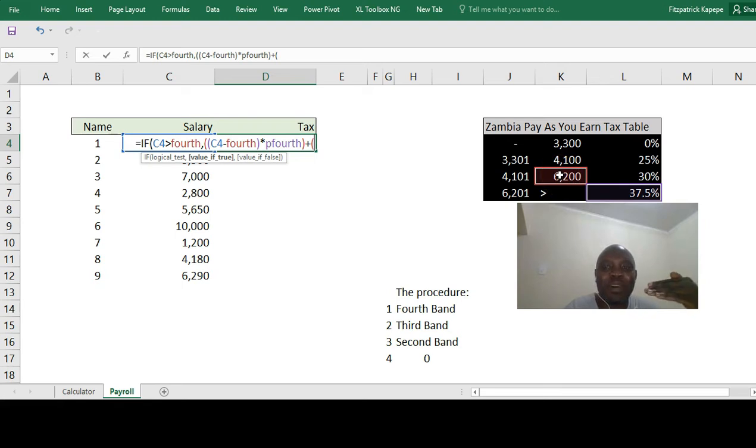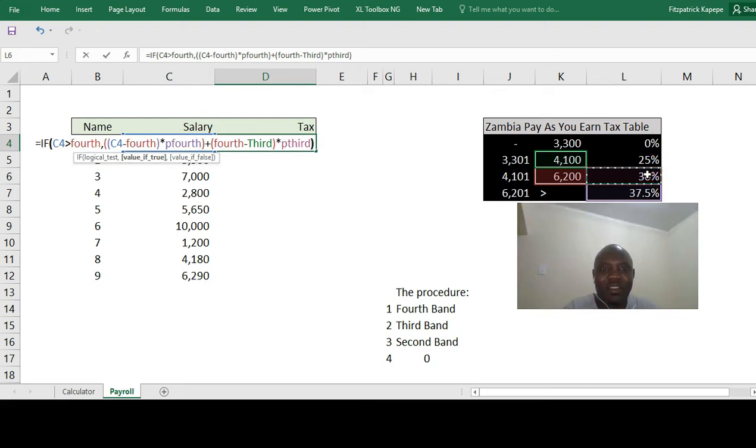Since it's already above 10,000, meaning the second and third band, we'll just find the difference between the fourth, less the second, less the third, times 30%. Close like this. Again, we go plus.